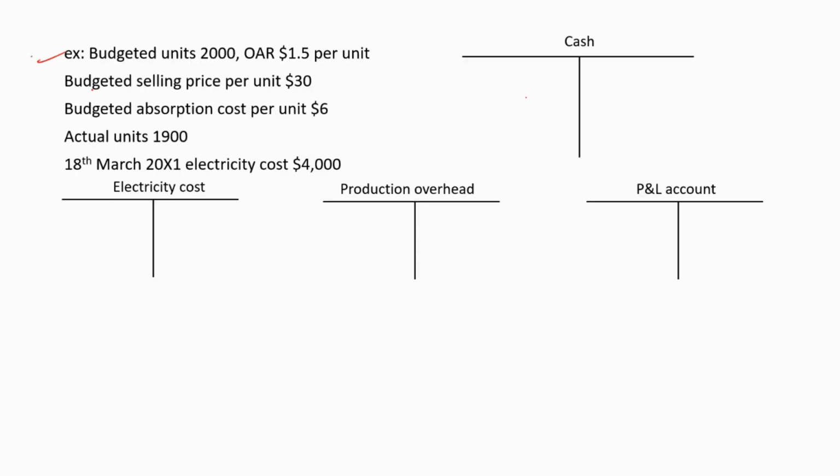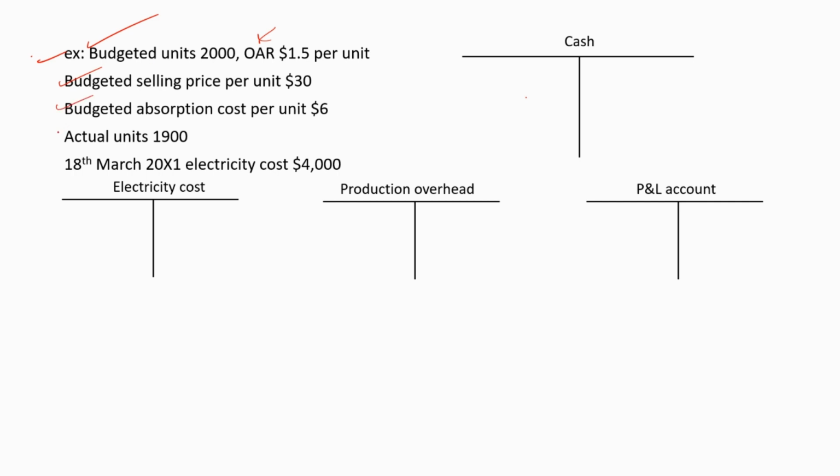Now let's do this example so you can understand the steps we discussed earlier. They have given us the budgeted and the actual amounts. Budgeted units 2000 units, OAR is $1.5 per unit. OAR is the overhead absorption rate. Budgeted selling price per unit is $30.